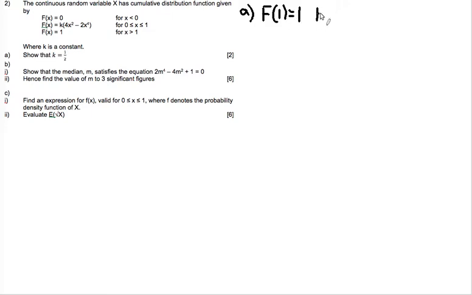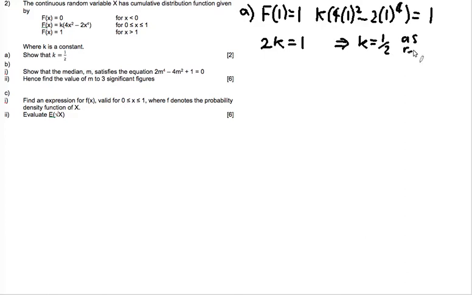So what we get is k times 4 lots of 1 squared minus 2 lots of 1 to the power of 4, and that is equal to 1. When I evaluate this line, we get 4 minus 2, which is 2, times the k, so we get 2k equal to 1, and that of course leads to the fact that k equals a half as required.